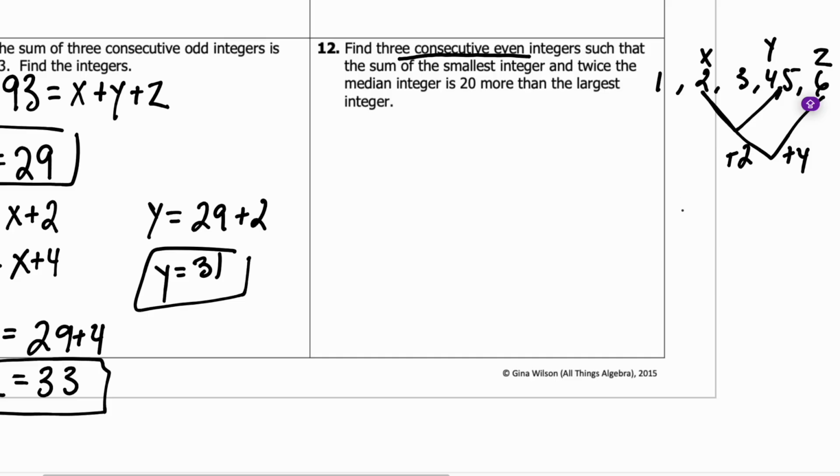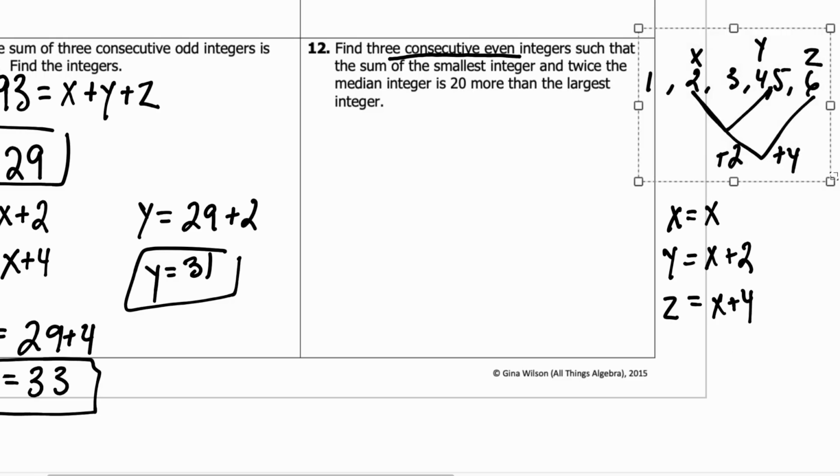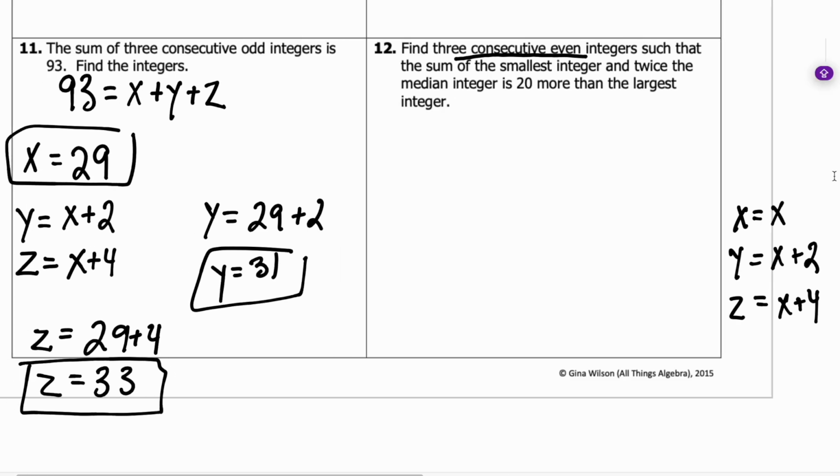So the rule is the same, where x is going to equal x, y is going to be x plus 2, and z is going to be x plus 4. Okay, so we have our rules set up for this problem. And now let's take a look at how we're going to set the problem up, because it is a little bit more work than the last one.